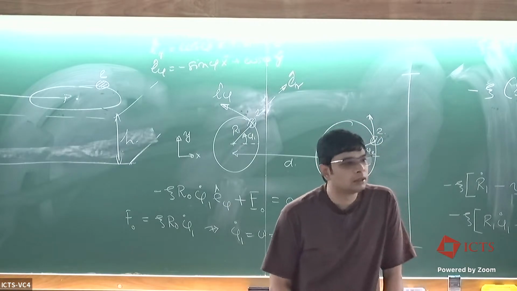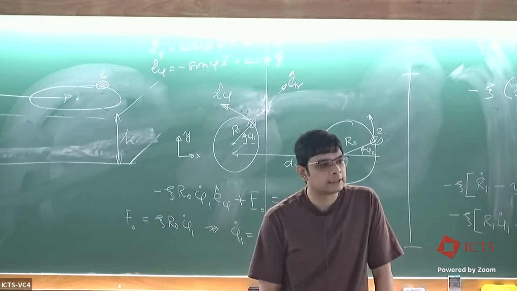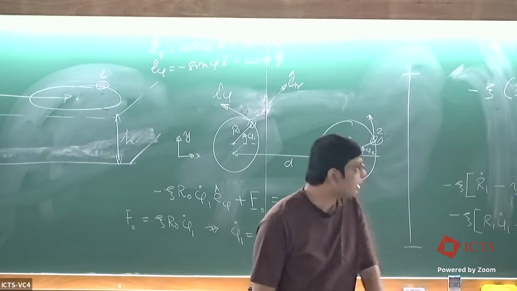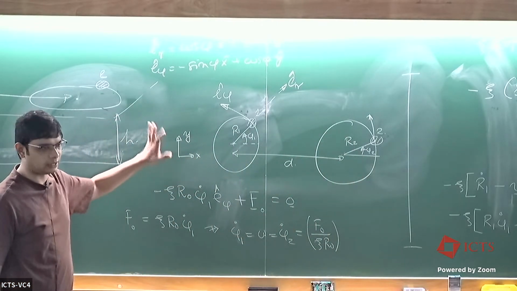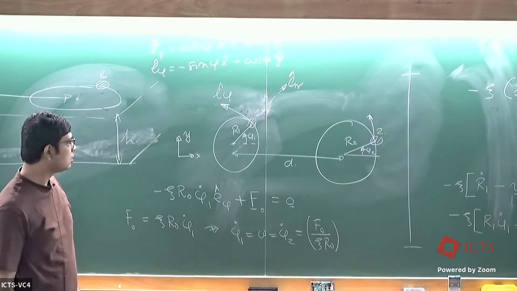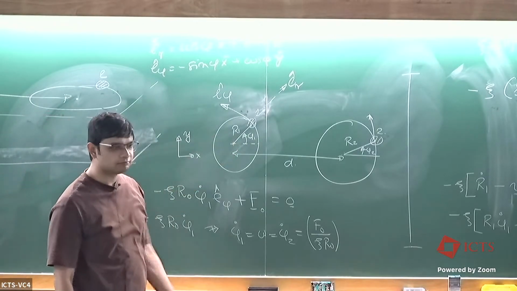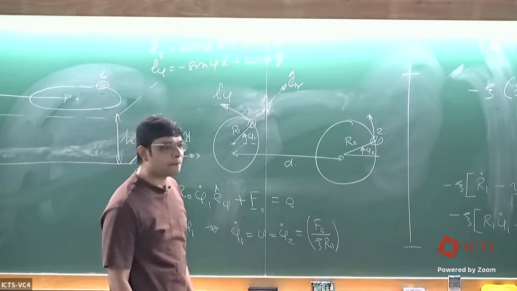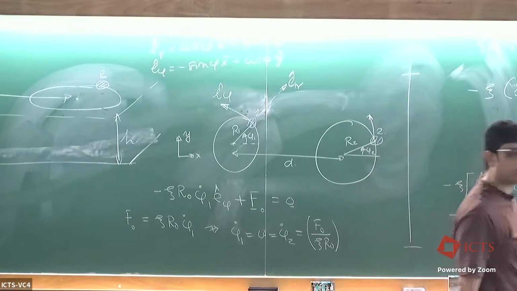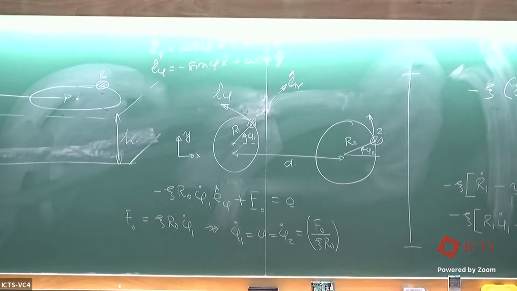While we are solving the problem, we should fix one coordinate system. Yeah, the coordinate system that we have fixed is x and y. So that's fixed. And where is the origin? You can pick the origin here. But the unit vectors are not changing, right? Your x and y don't change.